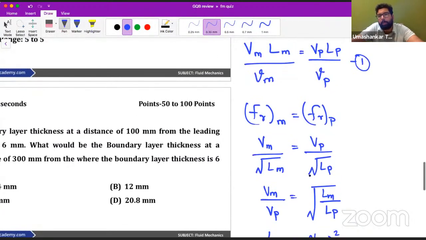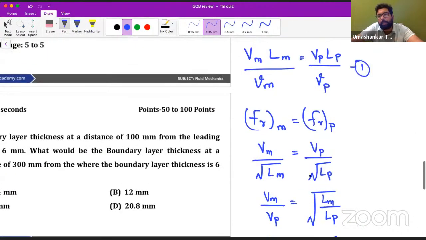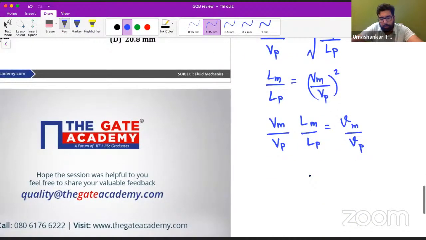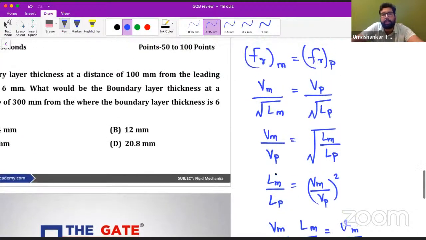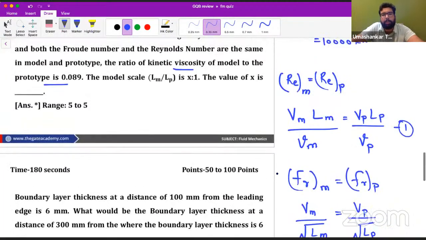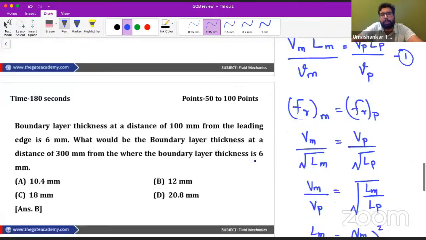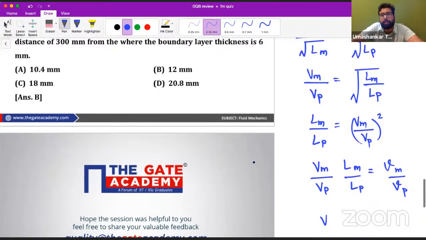Now Vm upon Vp into Lm upon Lp is equal to the kinematic viscosity of model upon that of prototype. Right, beta. So we can replace Lm by Lp by the ratio of velocity. They are asking you Lm upon Lp actually.